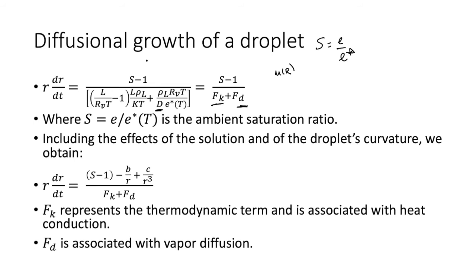We have ignored droplet curvature effects and the effect of solution. If you include them, it gets a bit more complicated, but not so much. In the end, you just end up with a couple of terms here, where the curvature lowers the supersaturation, and the solute increases the supersaturation.